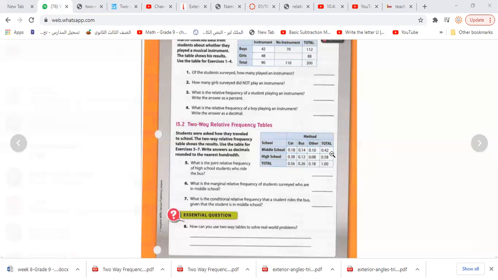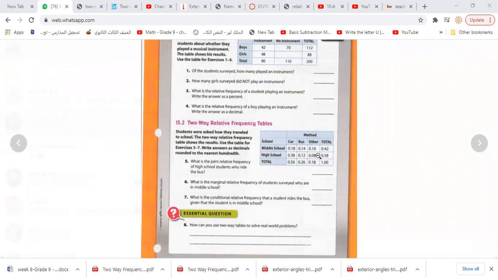The method by which he traveled to the school is other, and he is in high school. 0.08. And how will we calculate the conditional relative frequency? Well, we'll divide it by 0.58. Yes. So we will use the intersection between other and high school. It's 0.08.